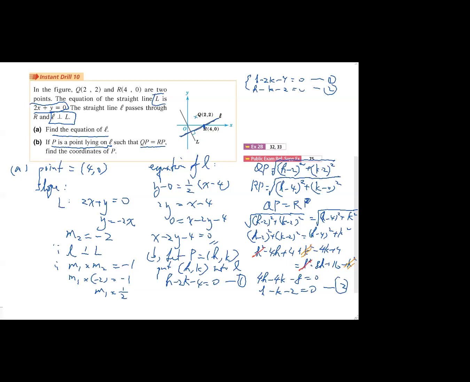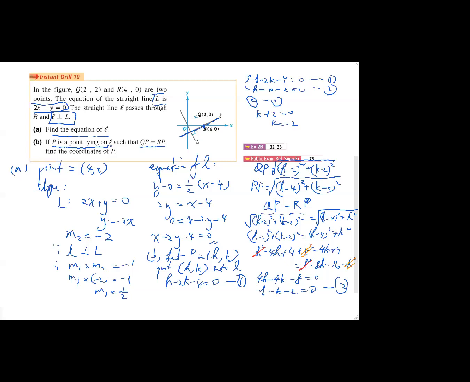So I'm going to use equation 2 minus equation 1. Okay? The h terms will be cancelled. And then for the k term, we have negative k minus negative 2k becomes k. And for the constant term, we have negative 2 minus negative 4 becomes plus 2 equals 0. So k is equal to negative 2.